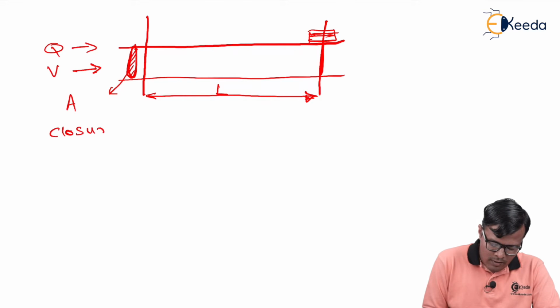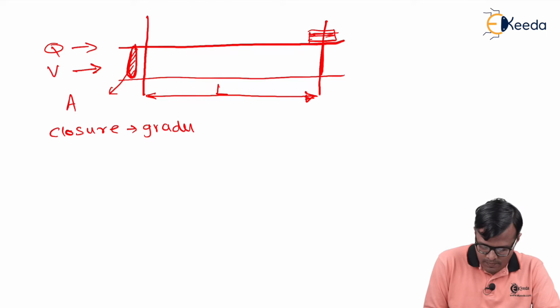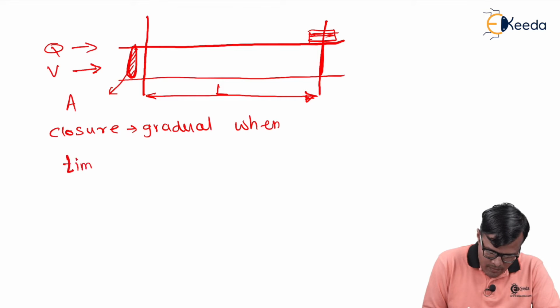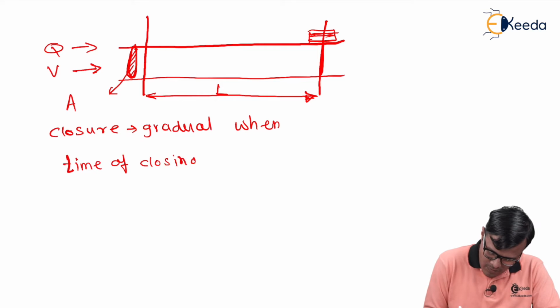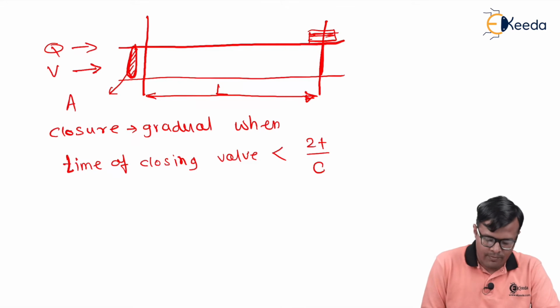Closure is called gradual when time of closing wall is less than 2L upon c.